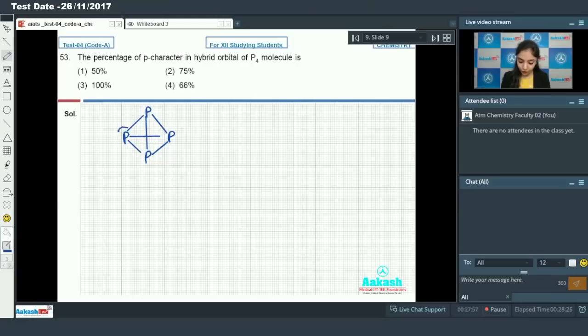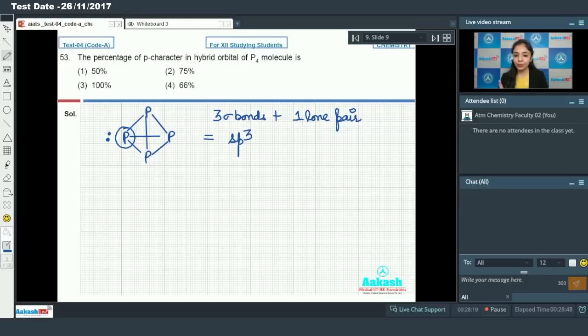You can see here one phosphorus atom is forming 3 sigma bonds and one lone pair is also present. So we have 3 sigma bonds plus 1 lone pair. So the hybridization of the phosphorus atom will be sp3.